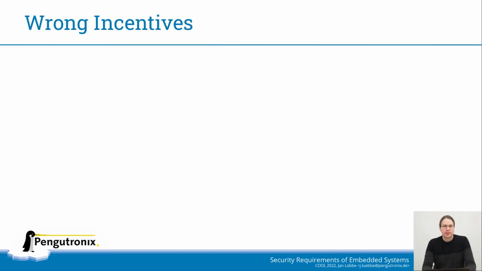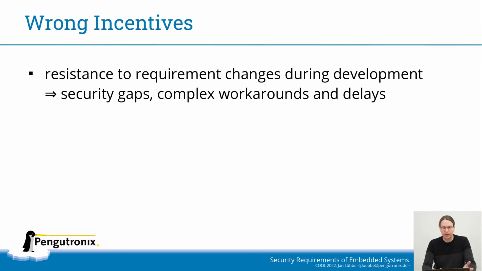And there are still some issues that are less obvious, but still happen very often, and they make it harder to achieve good security in a project. We start with resistance to changing requirements during the project. Often at the start of the project, it's not really clear how all the different mechanisms and features are going to be implemented.